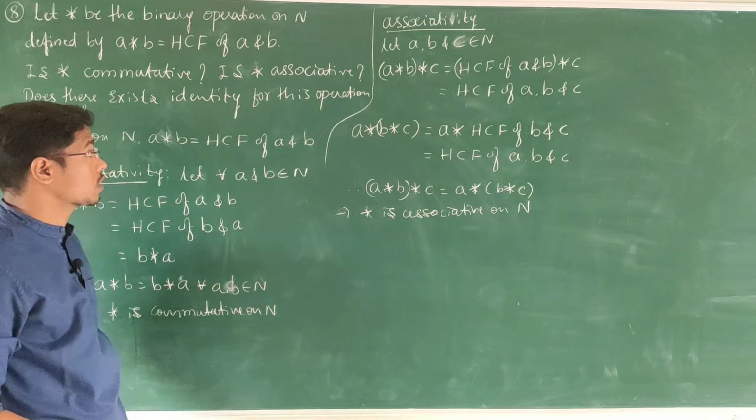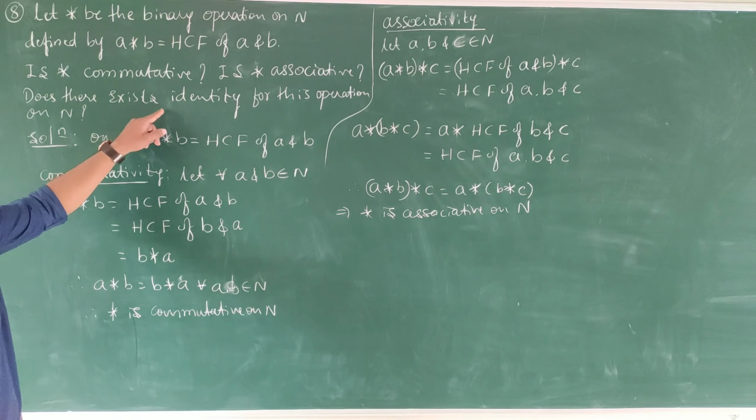So lastly, there is one more question. Does there exist an identity for this operation on N? Okay, so let us see. Let e be the identity element.